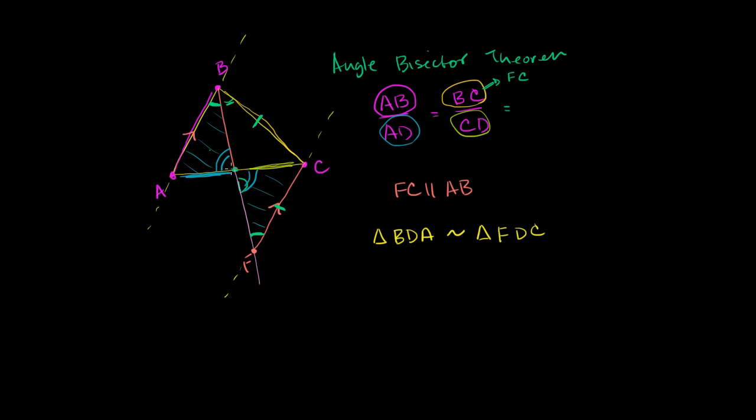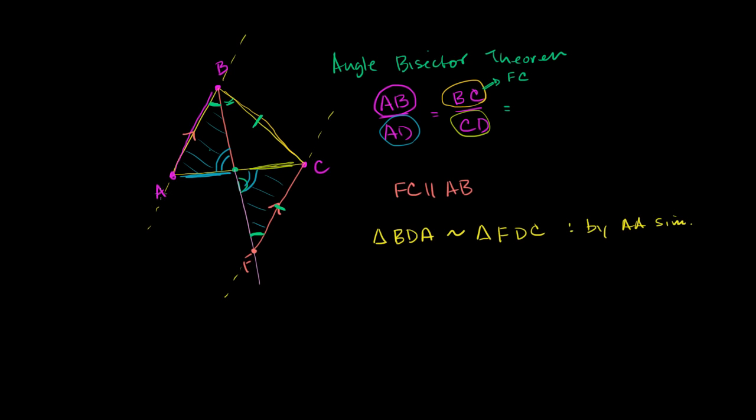With similar triangles, you can find the ratio between corresponding sides, which are going to be the same on similar triangles, or you could find the ratio between two sides of a similar triangle and compare it to the ratio of the same two corresponding sides on the other similar triangle, and they should be the same. So by similar triangles, and by the way this was by angle-angle similarity, I want to write that down.